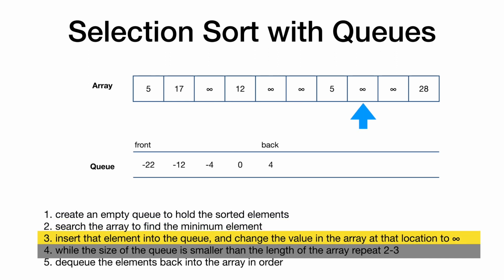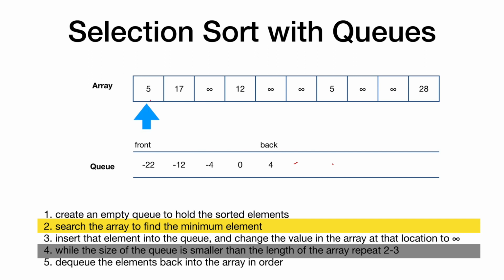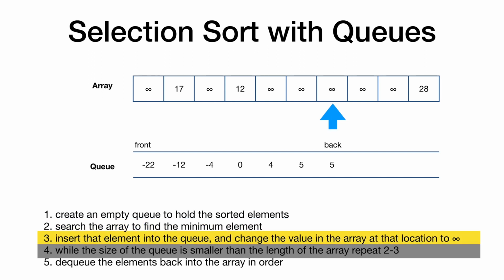And then we get to this situation where we try and find the minimum. Well, what's the minimum here? Is it 5 or 5? Or does it matter? It doesn't really matter, because these aren't independent values. They're just 5 and 5. Eventually, we're going to put both into the queue, but which one we add doesn't really change anything. So first, we're going to insert 5, and then we're going to insert 5.